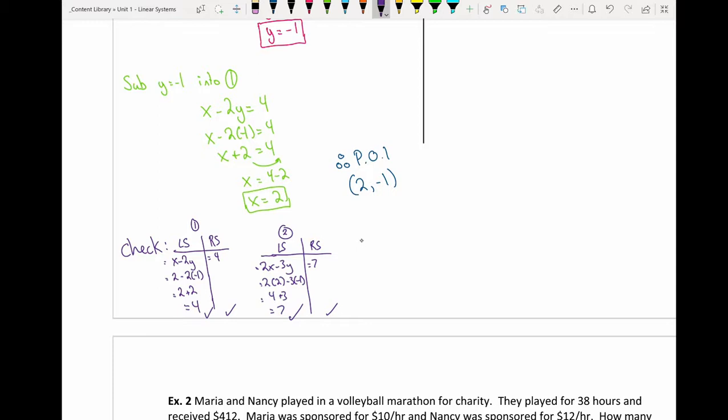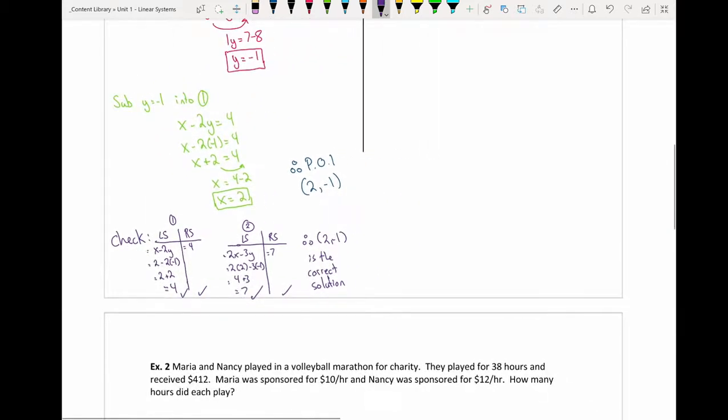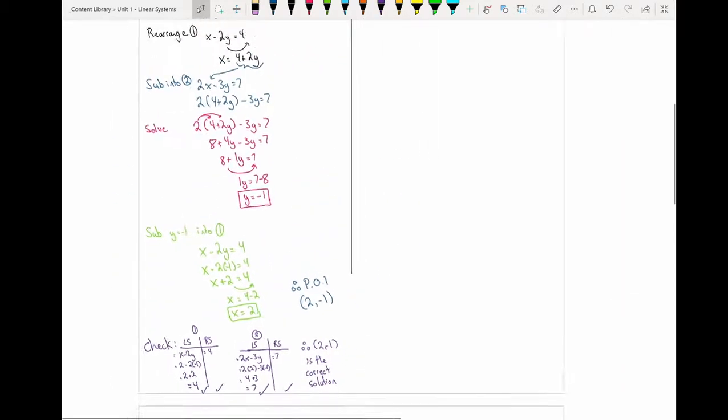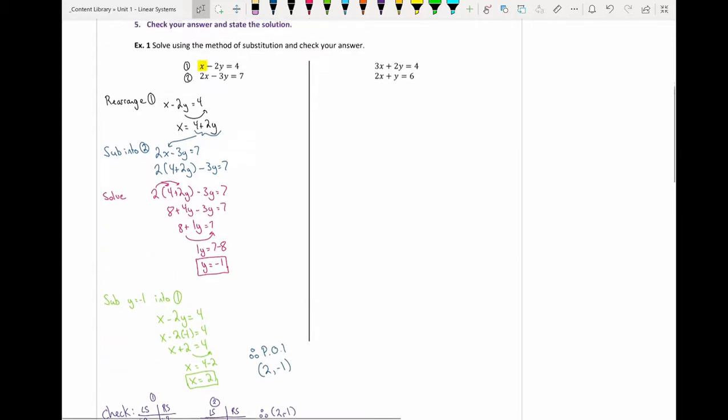So this works. So therefore, 2, -1 is the correct solution. So that's how you can check your answer to make sure that the point of intersection that you found is the correct solution to this linear system, which it was.